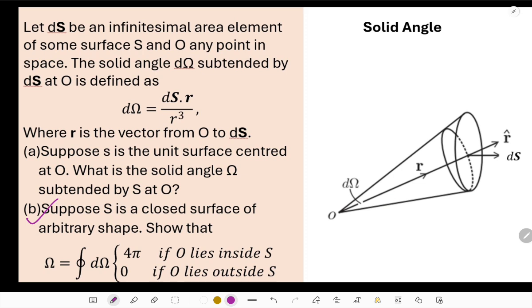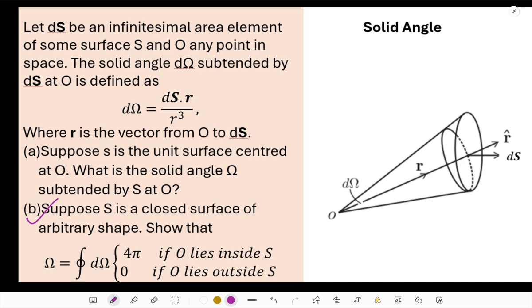There is one thing that I would like to attract your attention to: this second part of the problem. This is basically the operational part of the solid angle, and it says suppose S is a closed surface of an arbitrary shape.